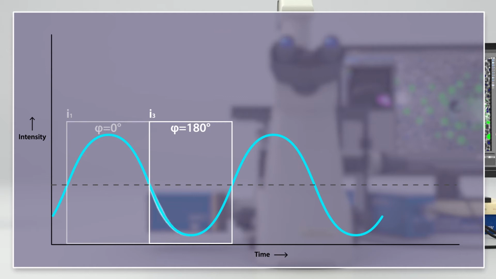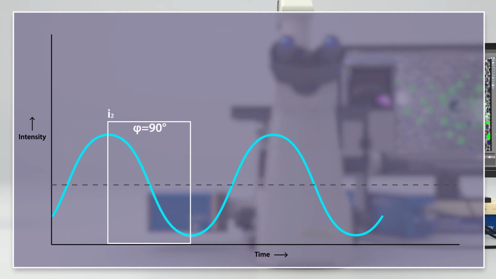Subsequently, the next half-period corresponds to a phase angle of 180 degree, resulting in image I3. If then the onset of the camera integration is shifted by 90 degree and the detection is repeated, the first integrated image I2 will correspond to a phase angle of 90 degree, while the fourth image I4 represents a phase angle of 270 degrees.